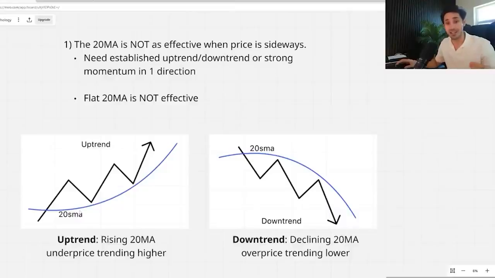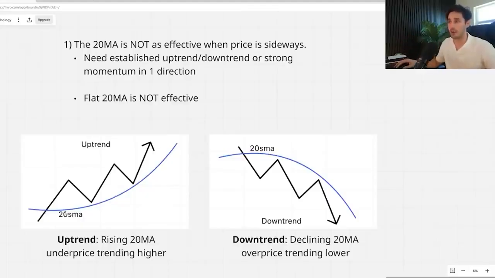I literally want you to sing it to yourself so you can cement it in your head. We want the moving average to be under price, trending higher during an uptrend. And the opposite applies during a downtrend. We want it to be over price, trending lower.